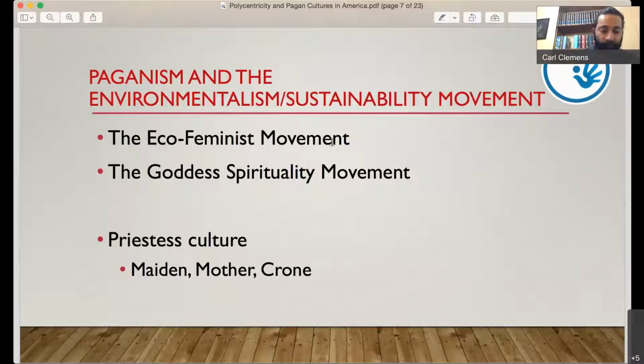One is the Eco-Feminist Movement, which believes that the earth religions, as they call it, or the indigenous religious traditions, which are found across the world, not just in Western paganism, but Native American, Maori, in India, in parts of the Middle East and Africa, they believe that these indigenous traditions, their influence, their ideas need to spread in order for the sustainability movement itself to become sustainable, because they believe just by having policy measures it's not going to change this compulsive consumerism that drives environmental destruction today. So they believe that a spiritual solution is needed, and the rise of earth religions or indigenous religious traditions is a very important aspect of environmentalism and sustainability movement.